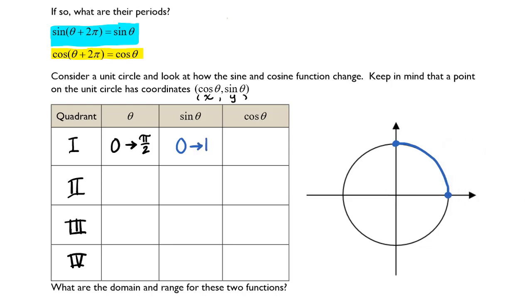And if we looked at cosine, we could see that we go from 1, and as we curve around, we get closer and closer to 0. So we go from 1 to 0.